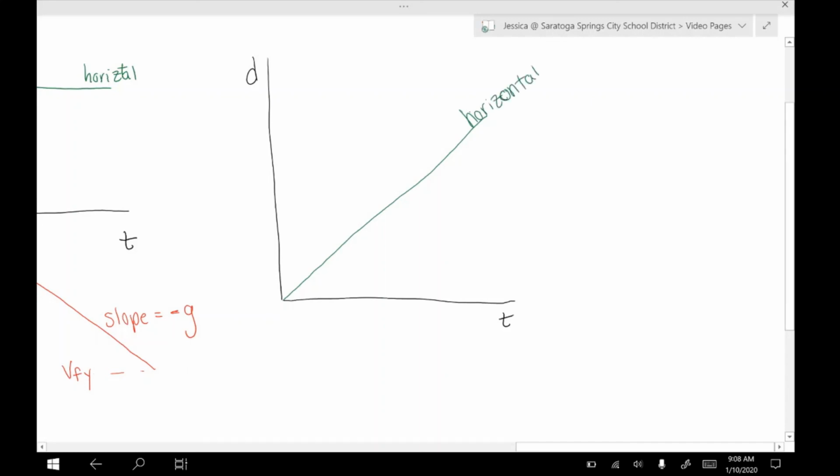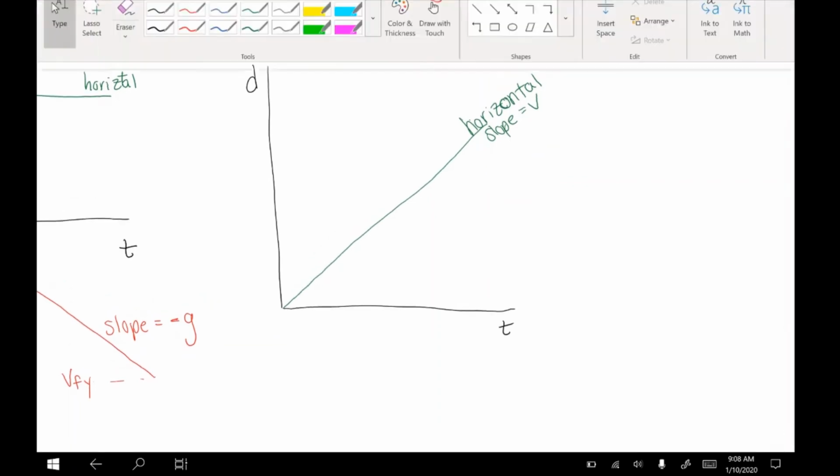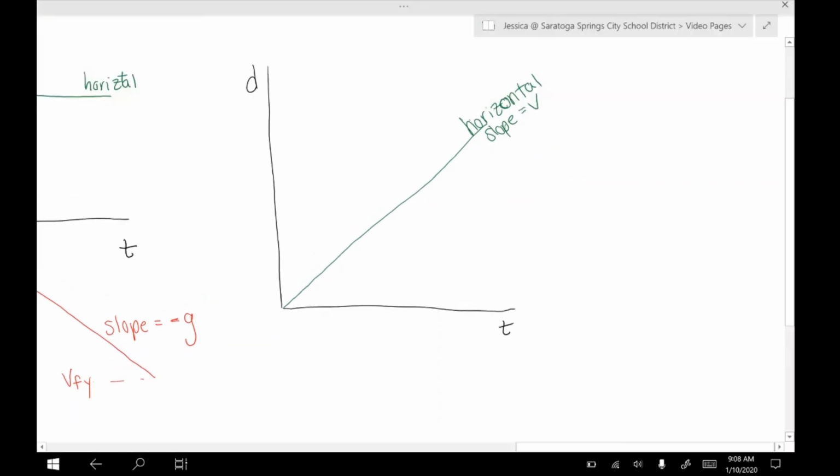And the slope of this should be equal to our velocity. In the y direction, because we are accelerating, we have to have a curve. So let's just say it's a distance versus time graph, so direction doesn't matter. Our vertical position versus time, or vertical distance versus time, is going to be a curve or parabolic shape.